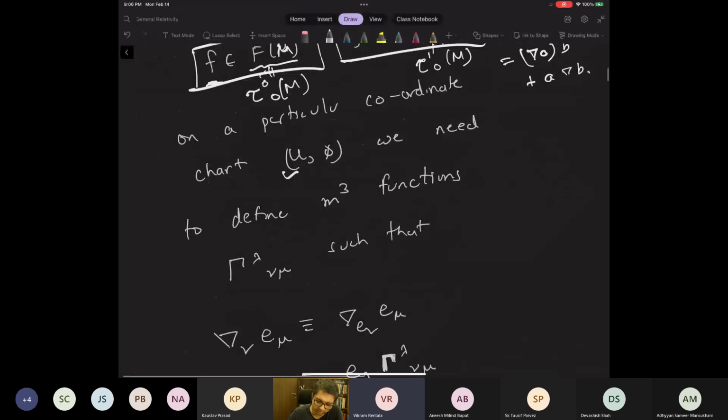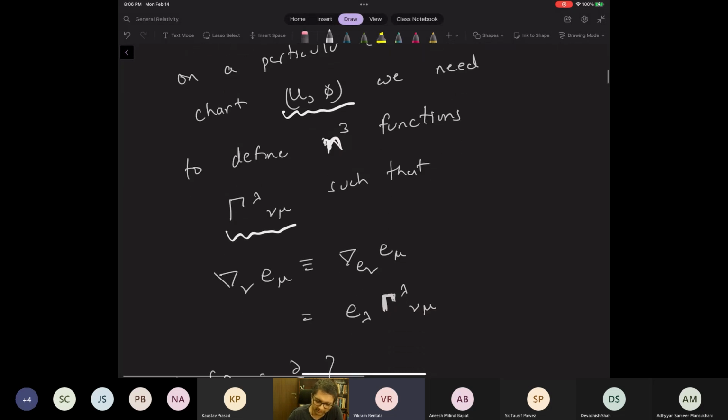So we'll use a particular coordinate chart (U, phi), and we'll define n cubed functions on the manifold. We'll define these gamma lambda nu mu in such a way that if we take grad_v of x, we take x to be a particular basis vector field, and similarly v is some partial x nu, defined at all points on the manifold.